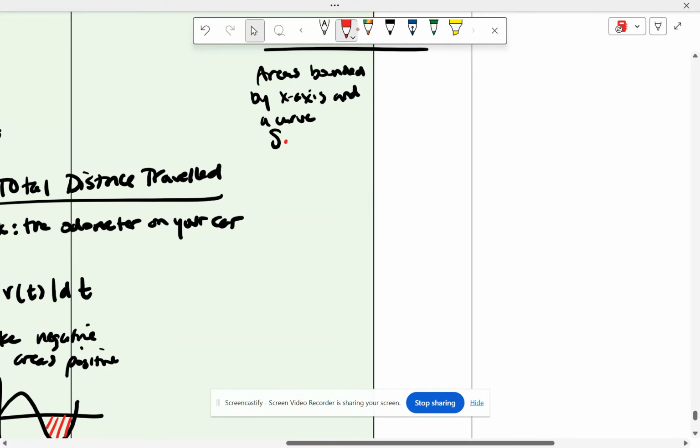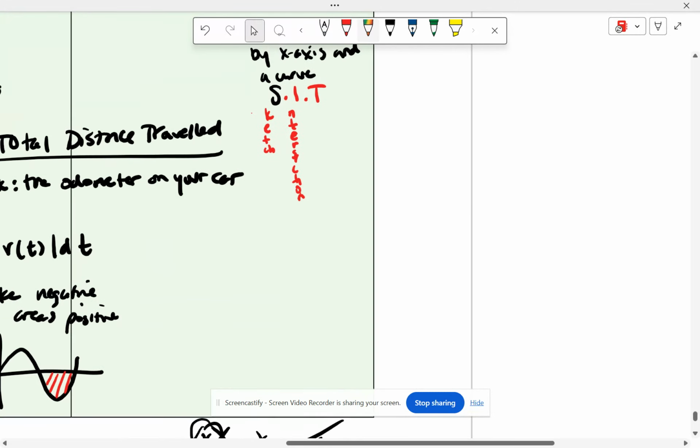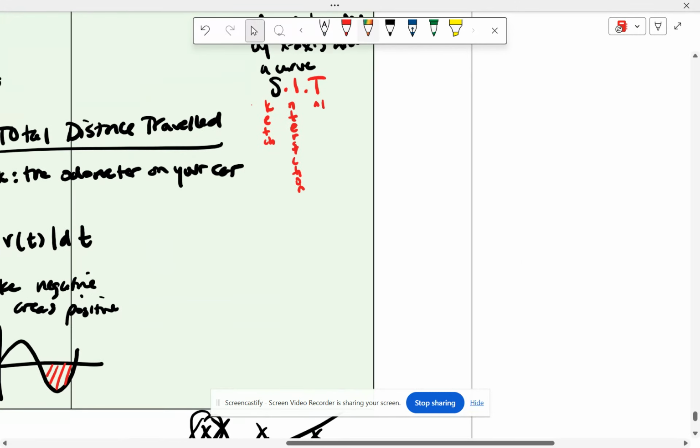You're going to think sketch, find the points of intersection, and then T for take the integral. Okay?